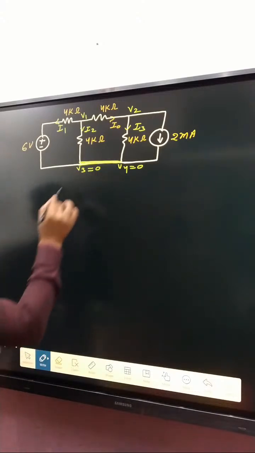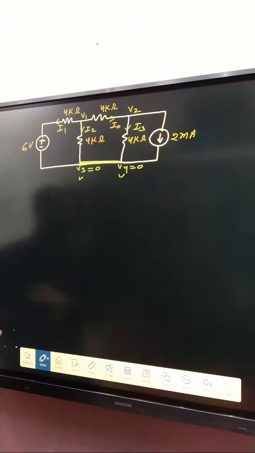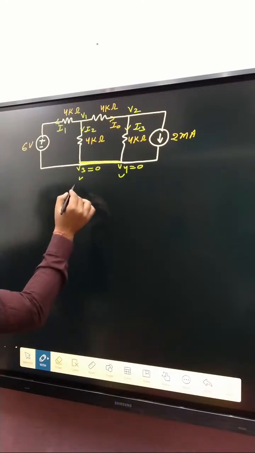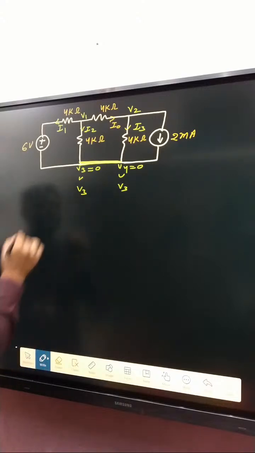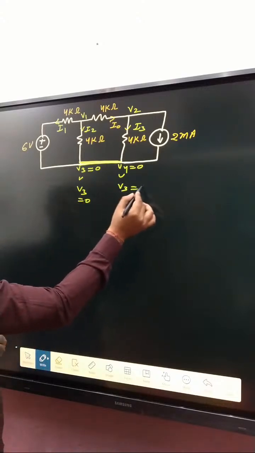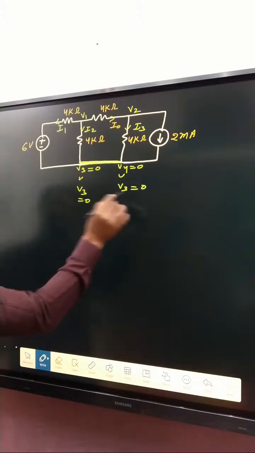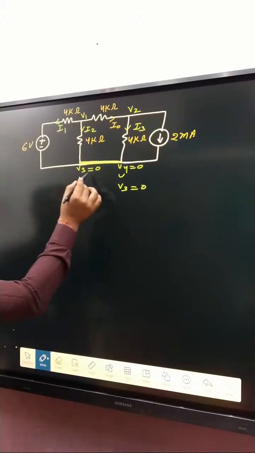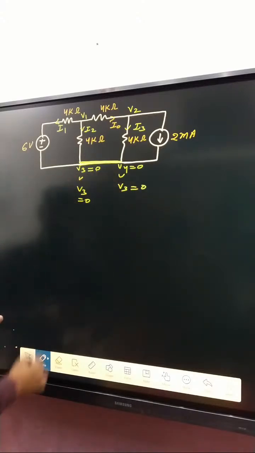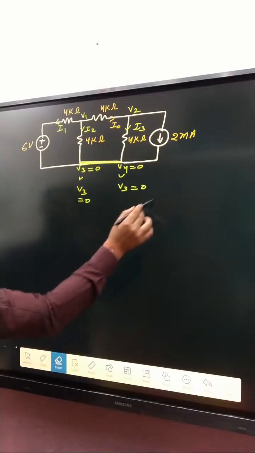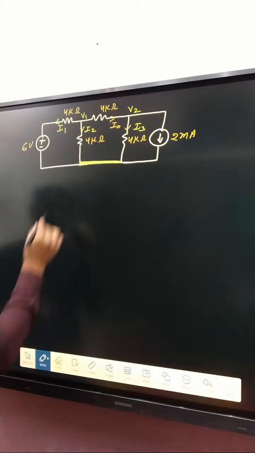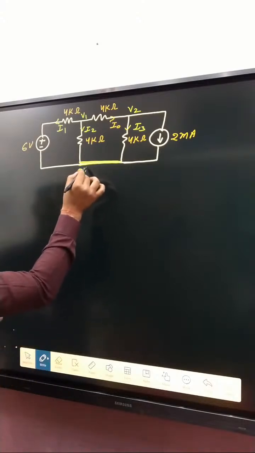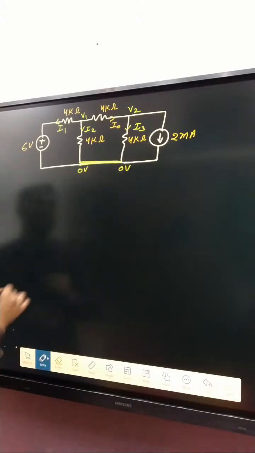So the potential difference between these two points is 0. If this one is V3, then that one is also V3. If this voltage is 0, then that is also 0. If this is 2, then it is also 2. Is it clear why we have taken 0 voltage?